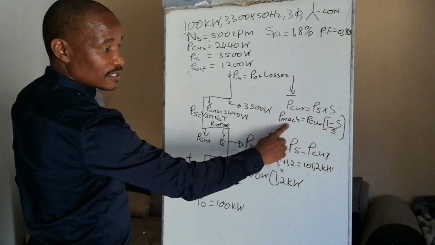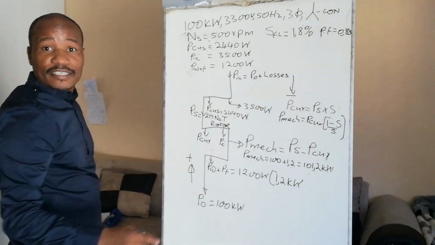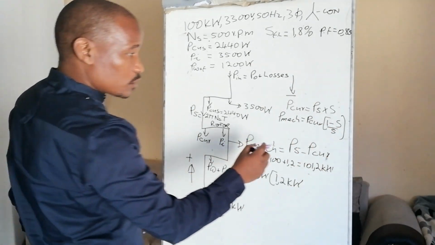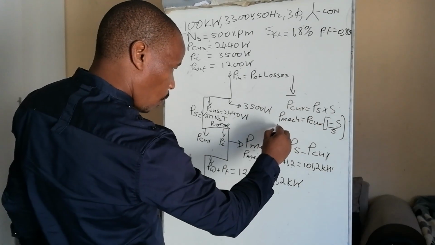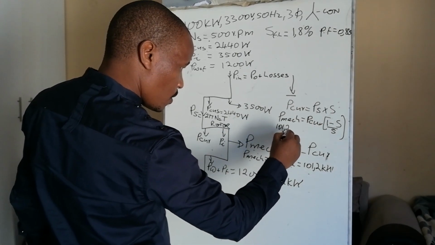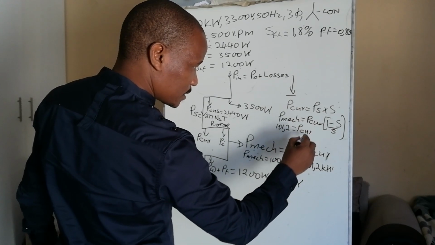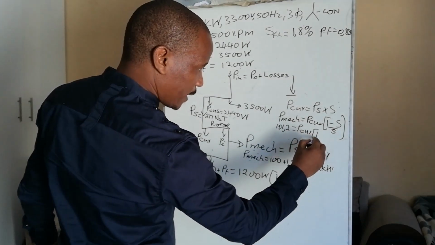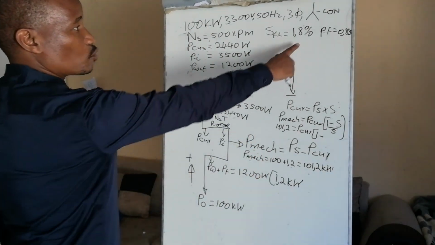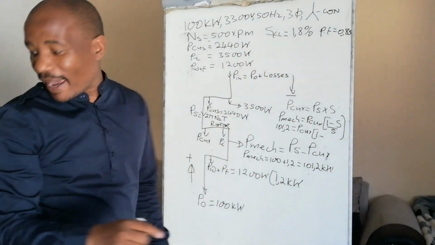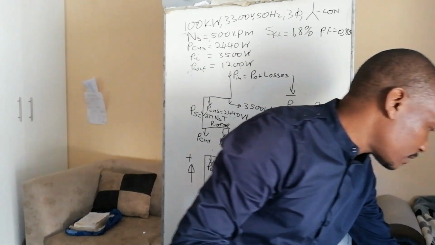We've got this, we can find that. Let's say 101.2 is equal to the rotor copper losses into 1 minus 1.8 divided by 100.